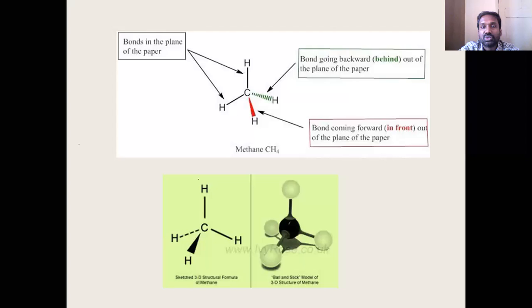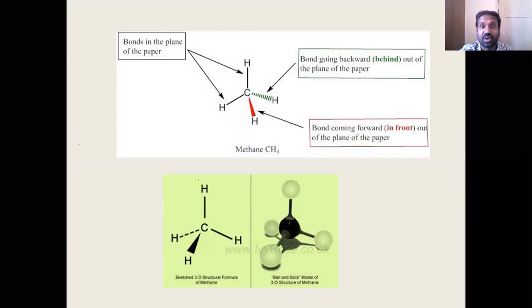So if I write a structure like this, then this will be much nearer to the actual structure. Instead of writing all hydrogens using the same simple lines, if I write 2 hydrogens using simple lines, one solid wedge, and the last one a dashed wedge, isn't it more meaningful than the simple structure?